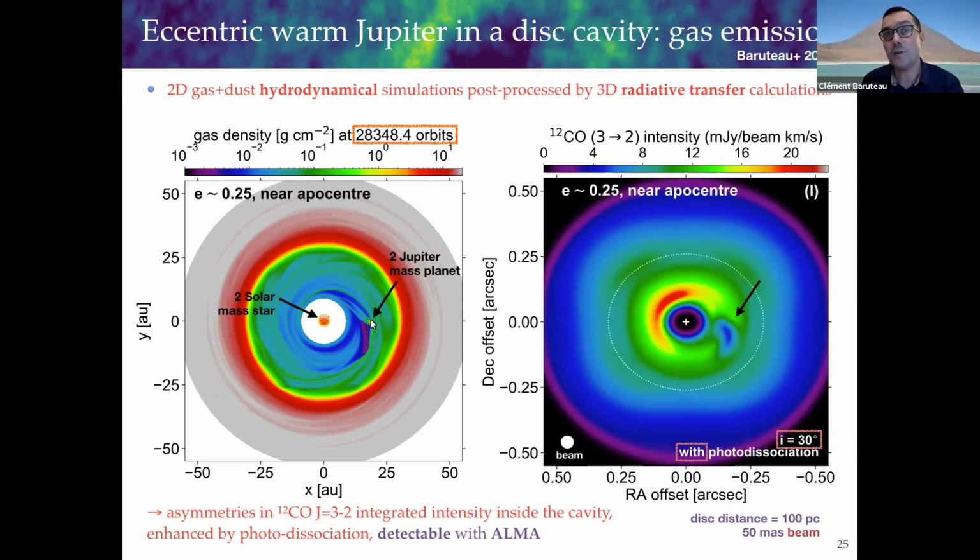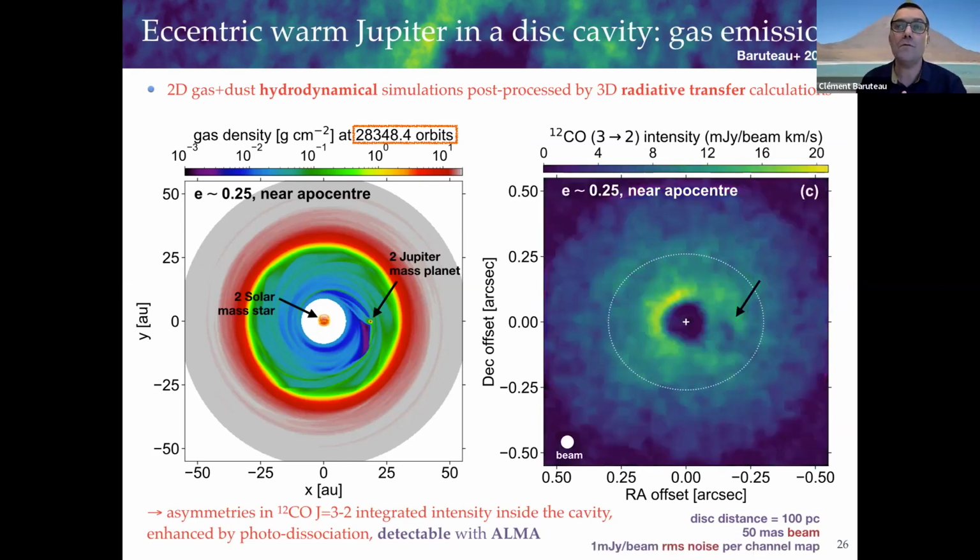I should emphasize that this density contrast, seen when the planet is near apocenter, appears in similar form when the planet is at a different orbital phase along its eccentric orbit. When the planet is near periastron or elsewhere along its orbit, we see a similar contrast in the density of the gas and in the intensity of the 12CO.